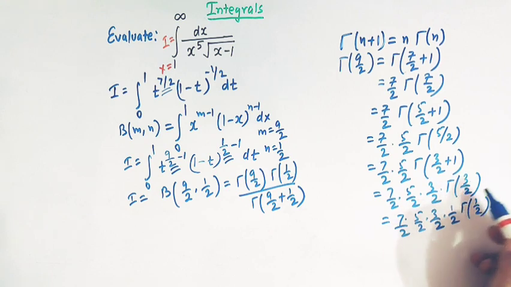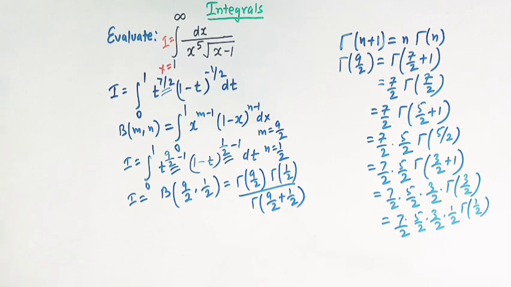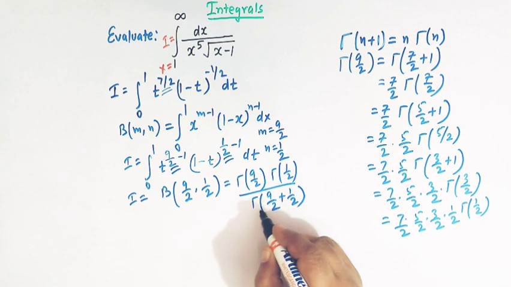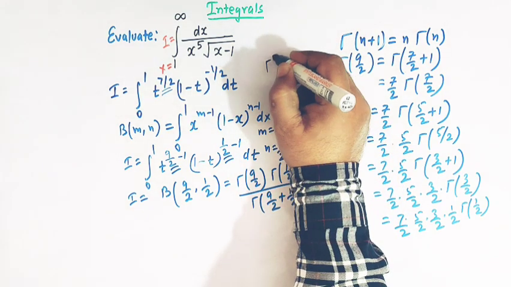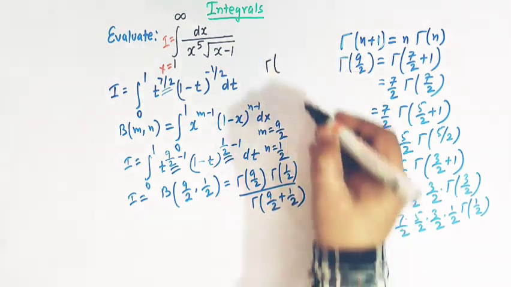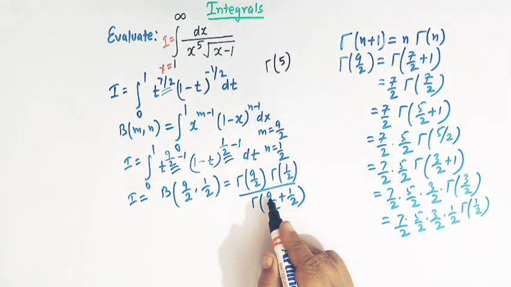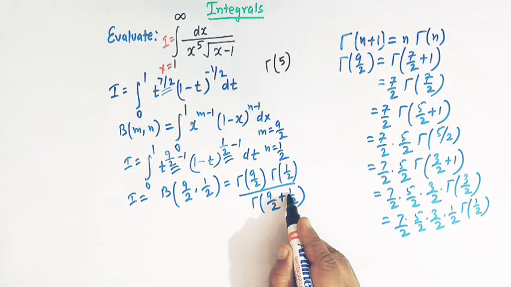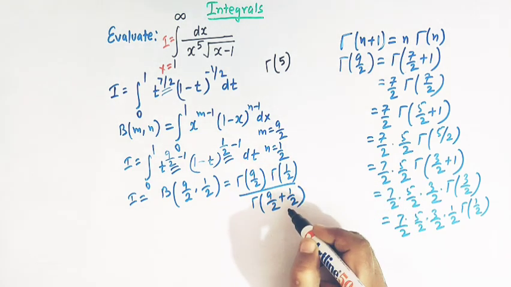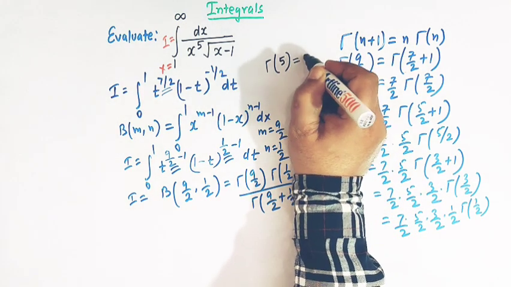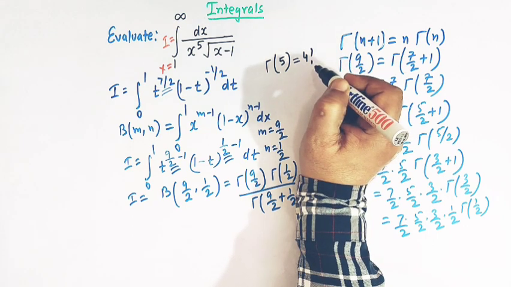Because 3 by 2 can be written as half plus 1. And now in the denominator we have gamma of 9 by 2 plus half, that is equal to gamma of 5, right? 9 plus 1, 10, 10 over 2 is 5, right? And gamma 5 is equal to 4 factorial, right?